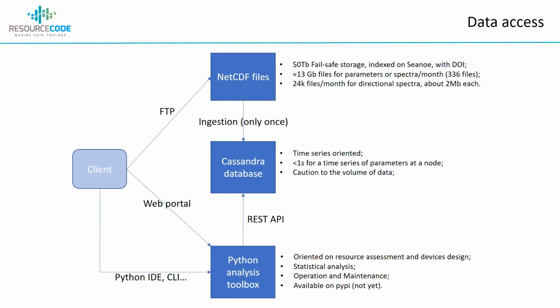The client will not be able to access the Cassandra database directly, but it will be available in two different ways. The first one is a web portal that I will show just next. It is a very high-level tool, which means that it's just click and play.